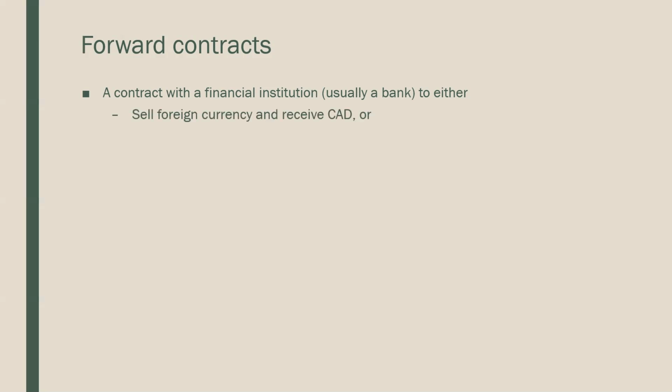A little bit about forward contracts. A forward contract is basically a contract with a financial institution, usually a bank, to either sell foreign currency and receive Canadian dollars or to buy foreign currency and then pay Canadian dollars.